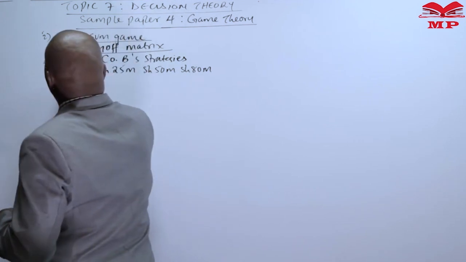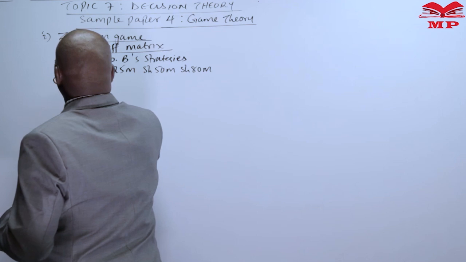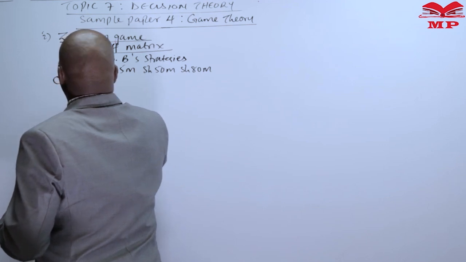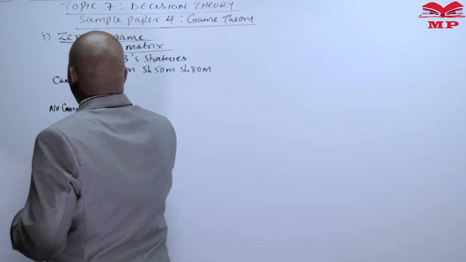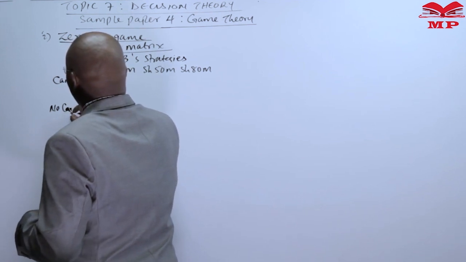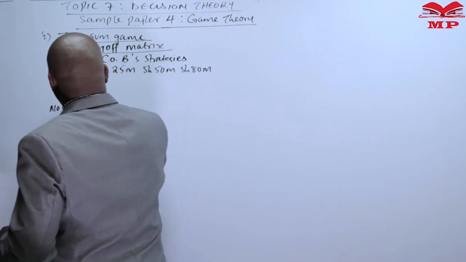Then you have company A, who either conduct a campaign or no campaign. These are the two strategies for company A, campaign and then no campaign.